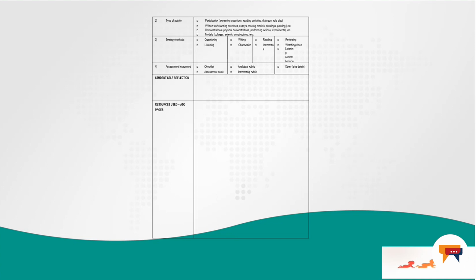Assessment instrument. Which assessment instrument did you use? Did you use a checklist, an assessment scale, an analytical rubric, interpreting rubric, or any other? If it's other, please mention which one. Now, student reflection. It is you.